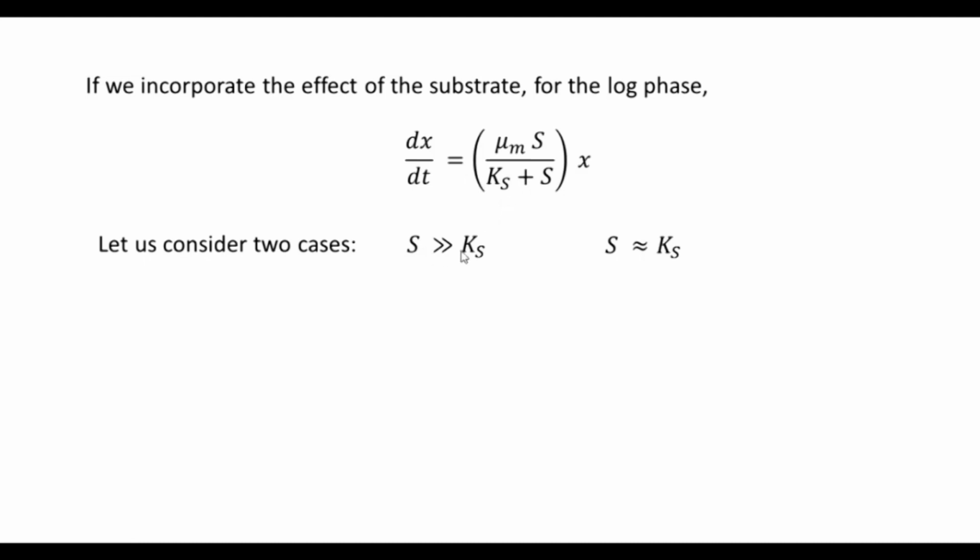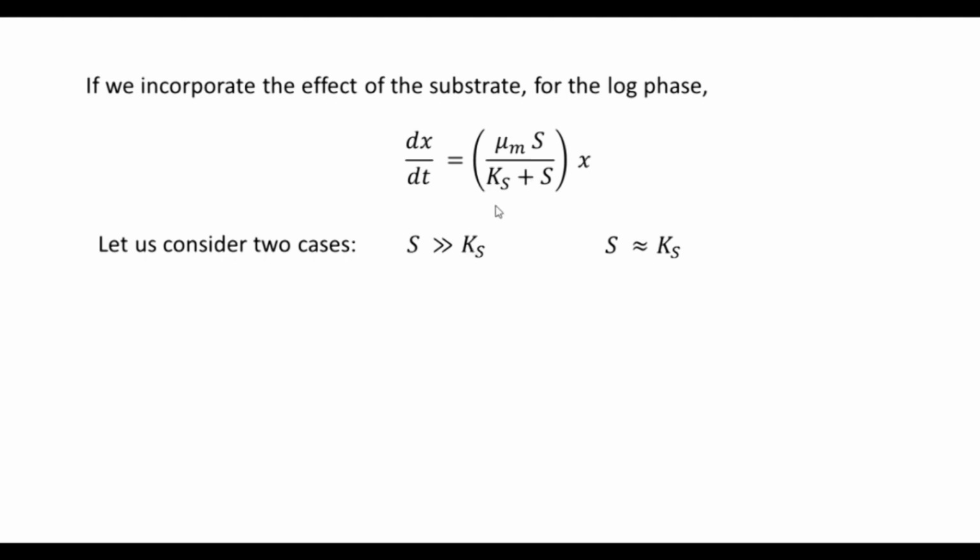If S is much greater than Ks, let us say, just to illustrate, that Ks is 1 and S is 1000. Whether it is 1000 in the denominator or 1001 in the denominator, it is not going to make much of a difference to the value of this mu. So you can very safely replace Ks plus S with just S alone if S happens to be much greater than Ks.